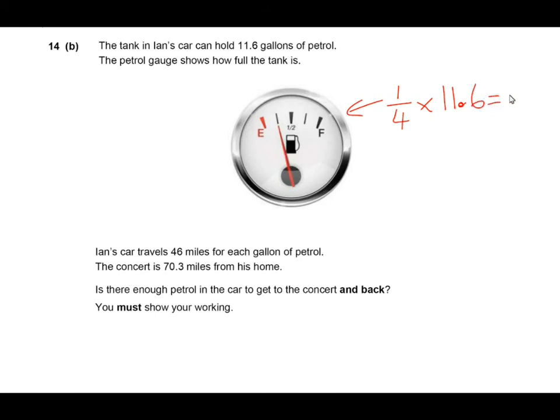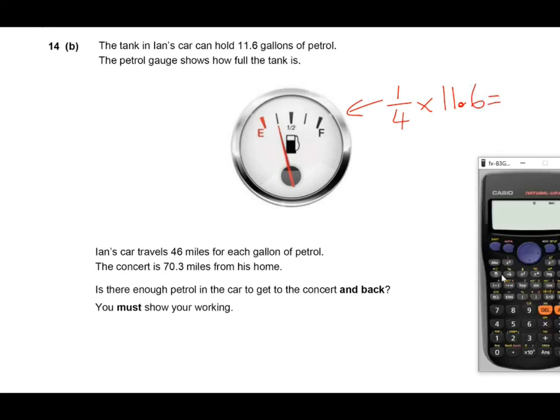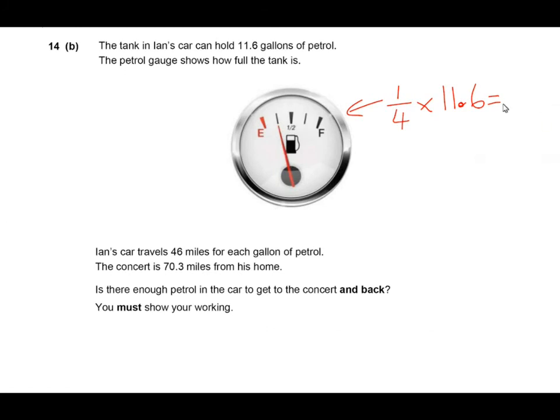So let's do that on our calculator. Fraction button, 1/4, rocker to the right of 11.6 equals SD button, 2.9 gallons left. Okay, so he's got 2.9 gallons in his tank, and Ian's car travels 46 miles for each gallon.